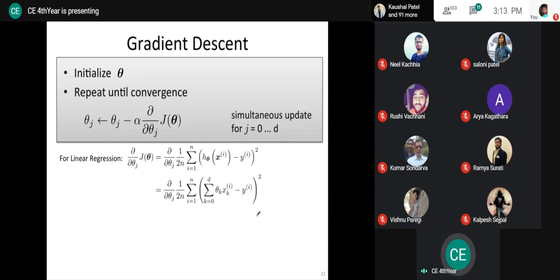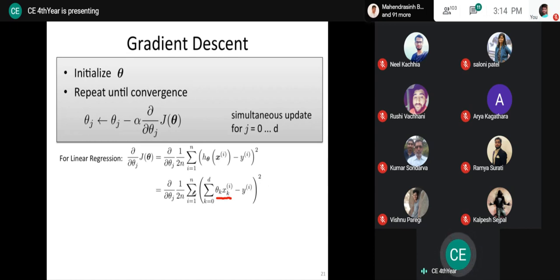So ultimately it would be theta 0 plus theta 1 x1 plus theta 2 x2 up to theta d xd. And for this simplicity, we have added that x0 is equal to 1 term. So now if you extend this equation for some d value, it would be theta 1 x1 plus theta 2 x2 and so on, right?